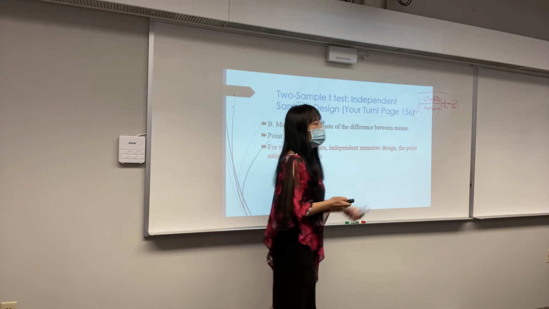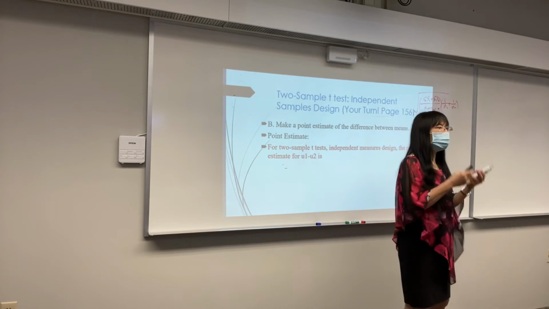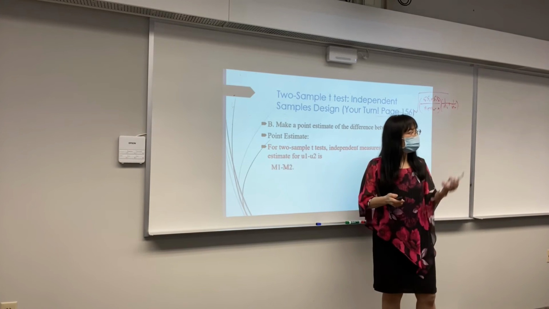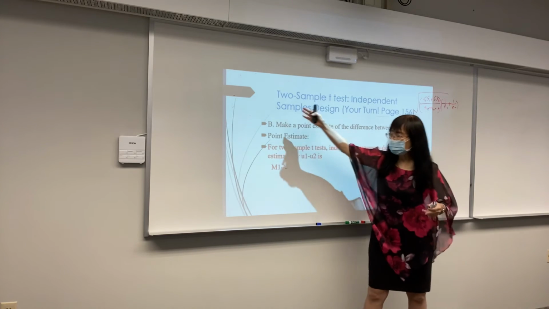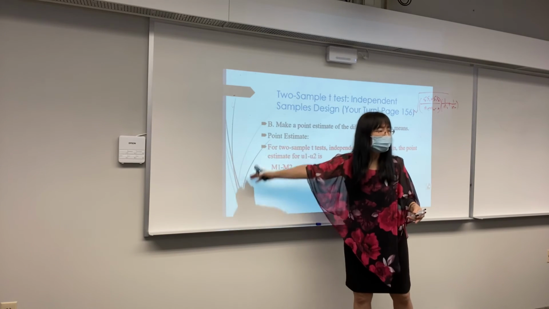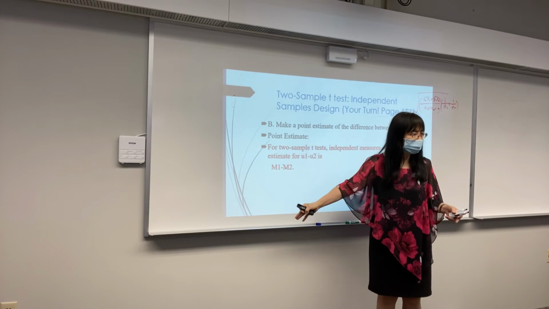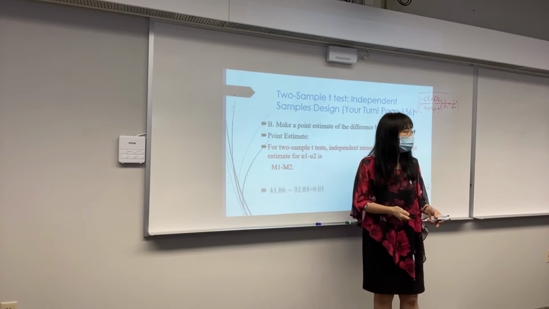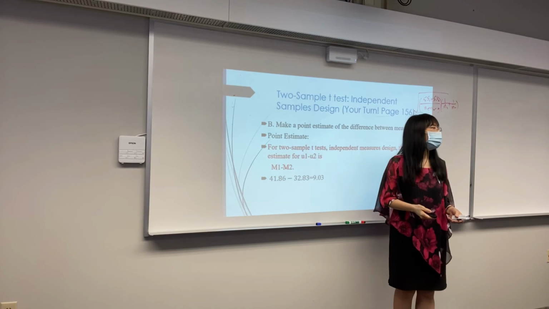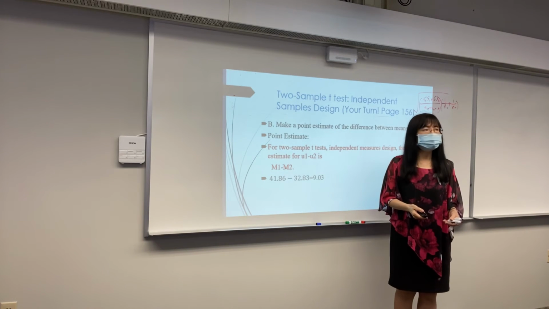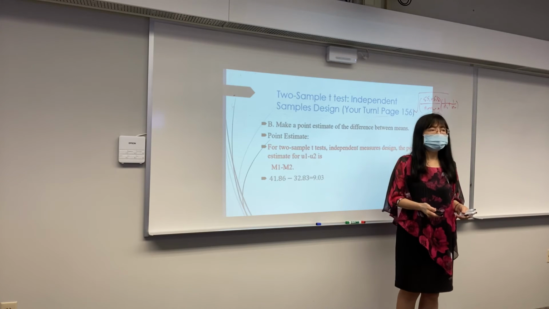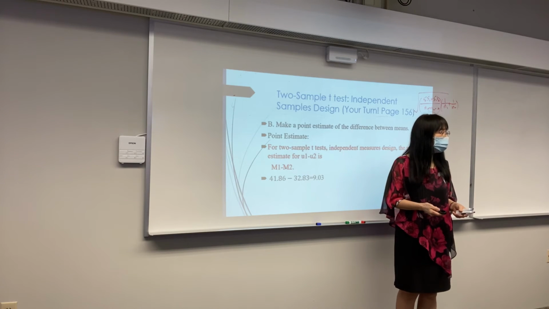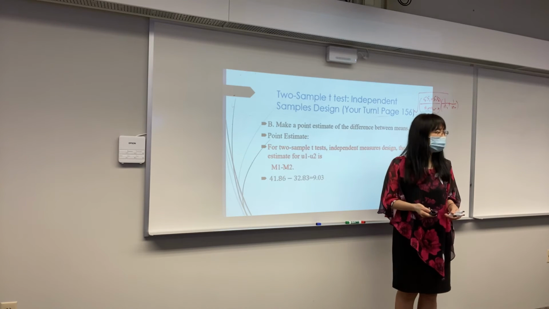Actually, it's your point estimate for mu1 subtract mu2, so use M1 subtract M2 to estimate. You remember we calculate the first mean score and the second mean score from the raw data. So 41.86 subtract 32.83 equals 9.03. Good so far?